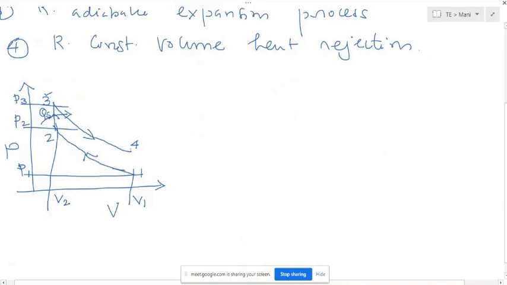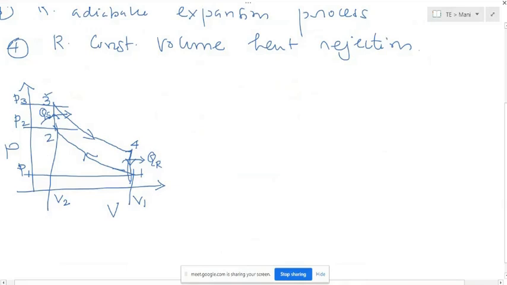And another process is here, a reversible constant volume process. So you can plot it like this, constant volume, where heat is rejected. So heat is rejected during this process.